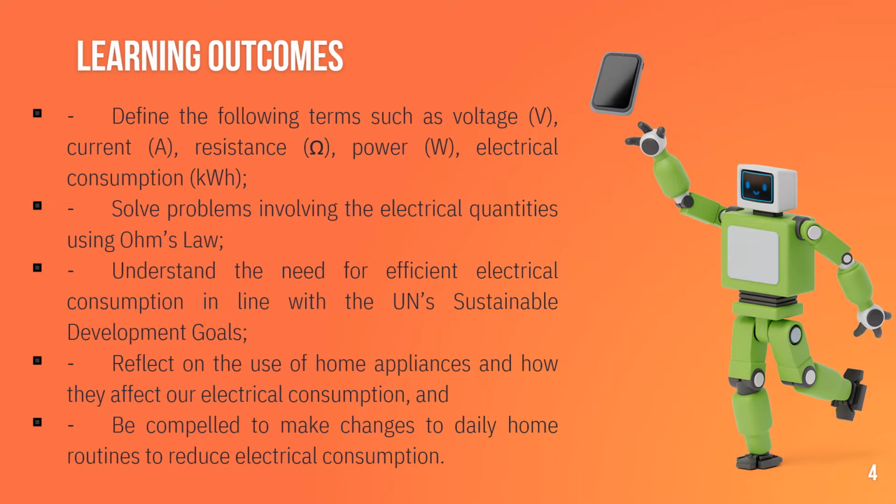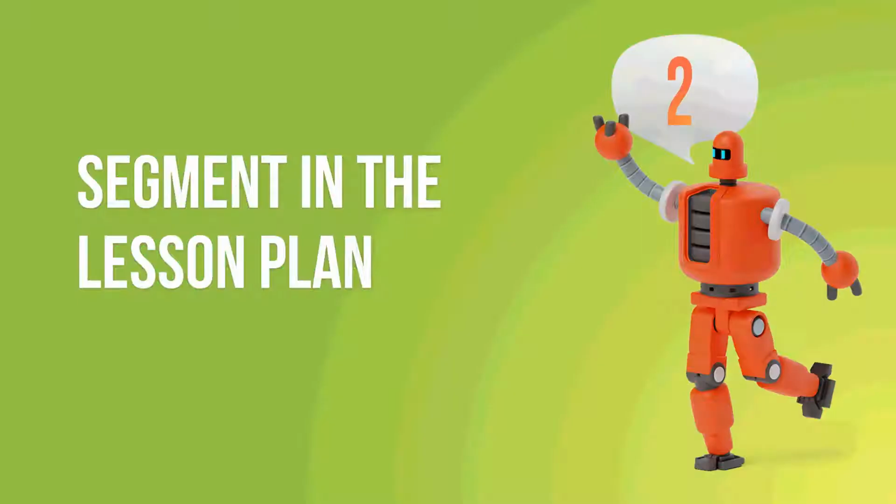Third, understand the need for efficient electrical consumption in line with the United Nations Sustainable Development Goals. Fourth, reflect on the use of home appliances and how they affect our electrical consumption. And lastly, be compelled to make changes to daily home routines to reduce electrical consumption.